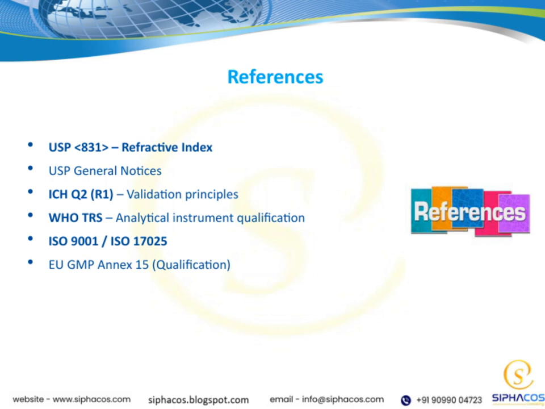Lastly, EU GMP Annex 15 specifically addresses the qualification of facilities and equipment, another critical aspect to maintain compliance and quality in our operations. All these references work together to create a robust foundation for quality assurance, validation, and compliance in our processes. They ensure that everything we do meets the highest standards and helps us deliver safe, effective products.